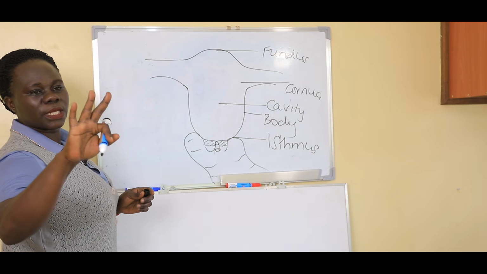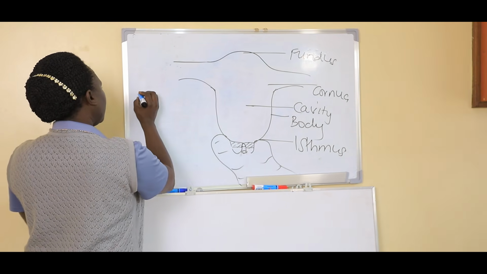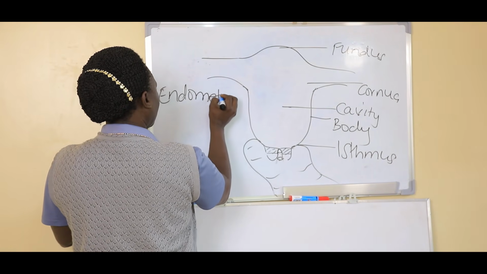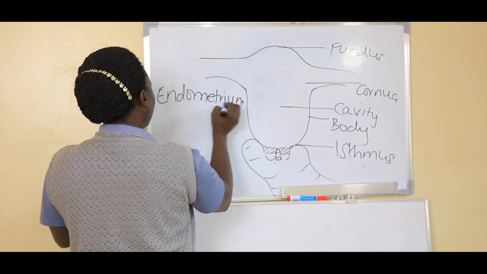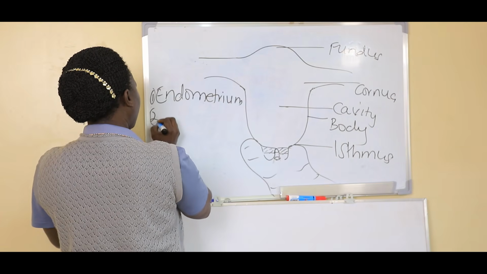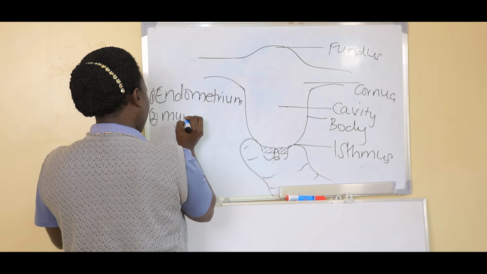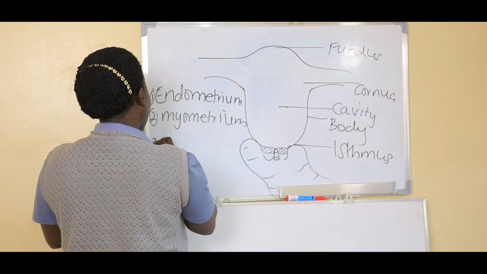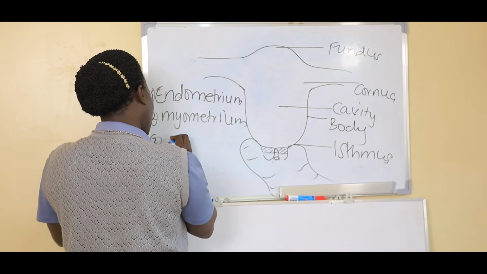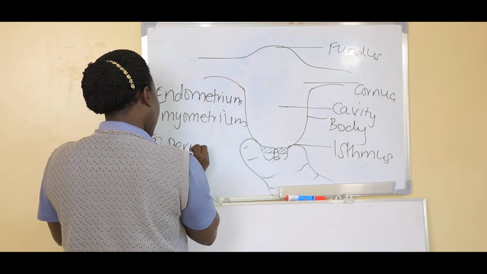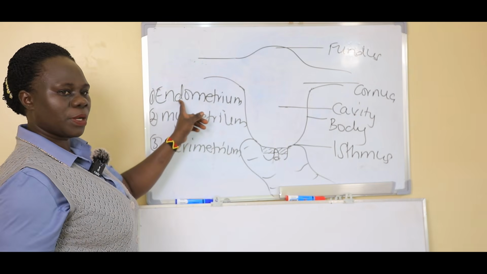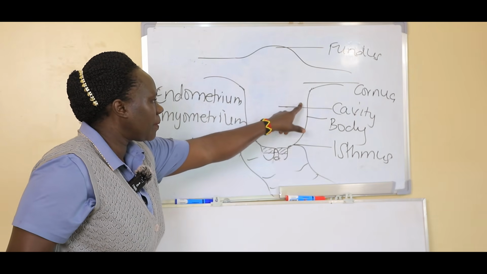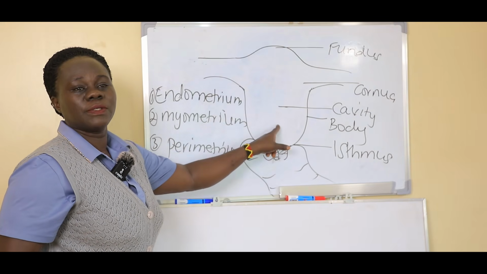The microscopic structure of the uterus is made up of 3 layers. We have the endometrium, we have the myometrium, and then we have the perimetrium. Endometrium is the inner layer, where the cavity is.